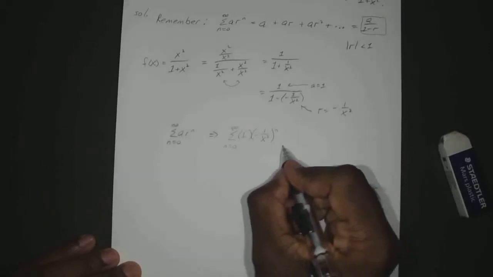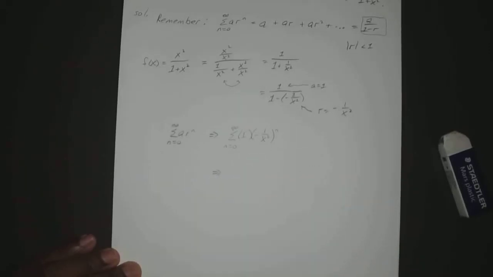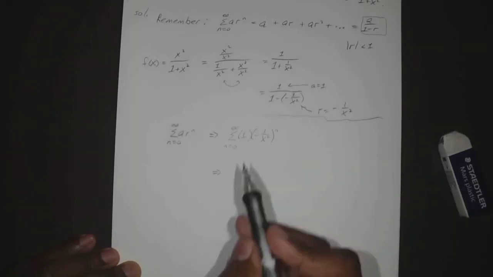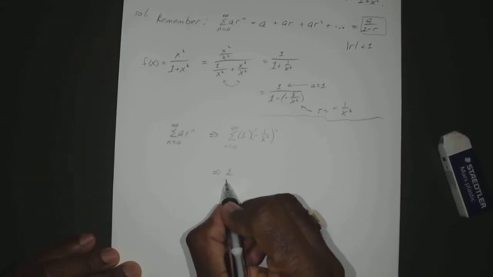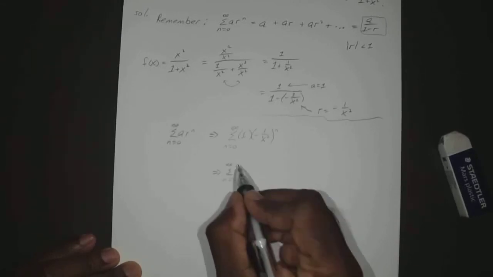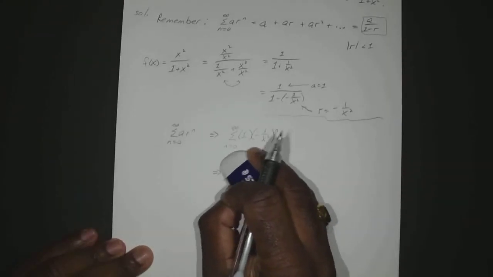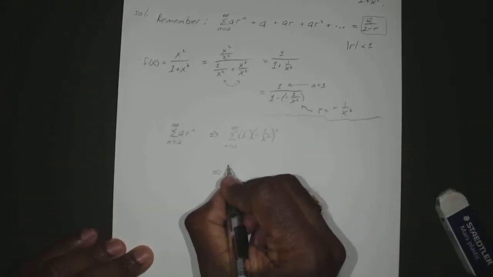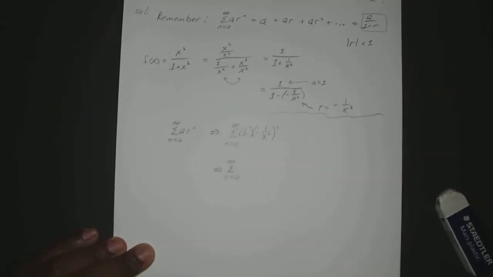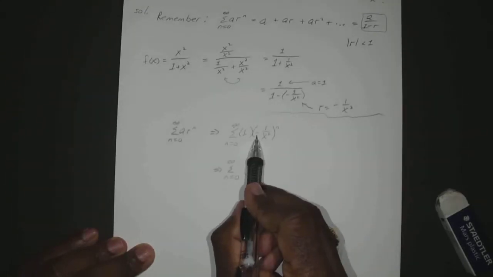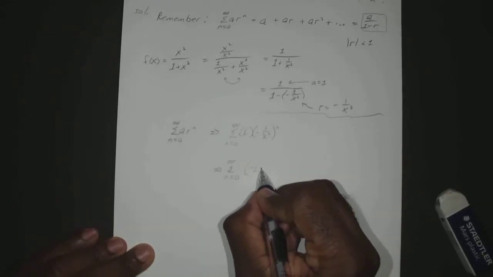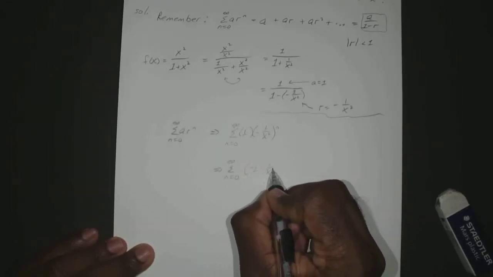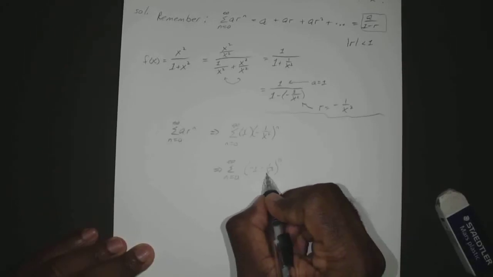Okay, which is equal to, I'll put it underneath so it won't cram up things too much up there. That 1, you can kind of let that disappear. So the sum from n equals 0 to infinity. If you want, you can look at that as negative 1 times 1 over x squared, to the nth power.